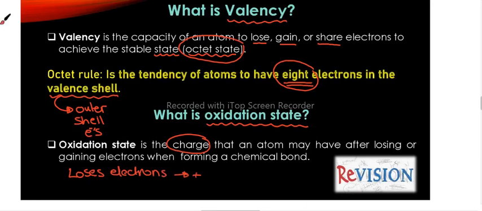In this situation, the protons will be higher than the electrons number. But if the atom gained electrons, in this situation, the charge that will appear on the atom will be a negative charge.